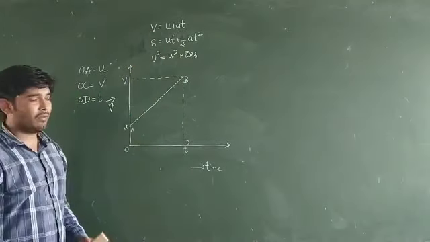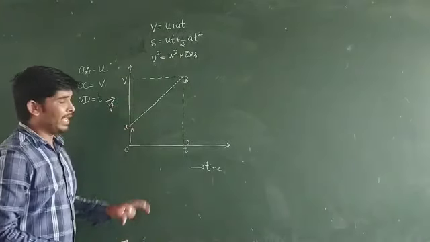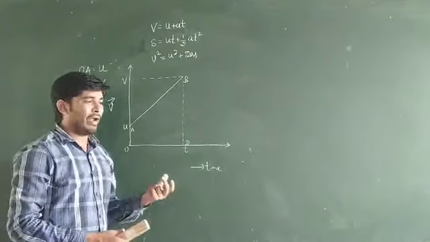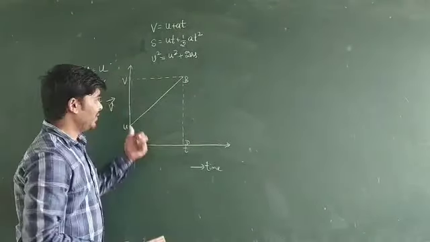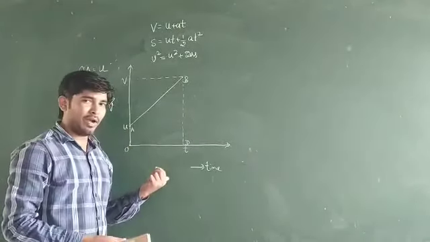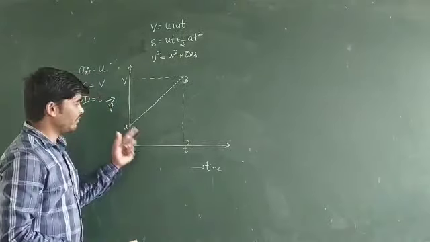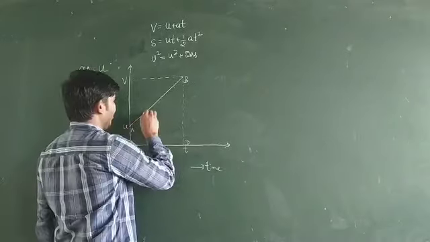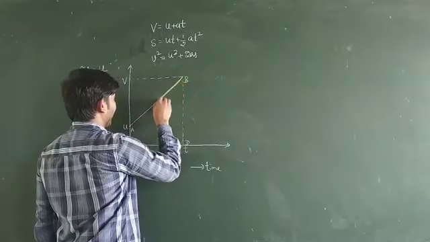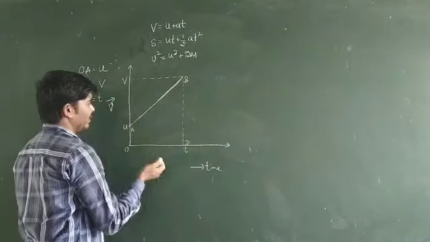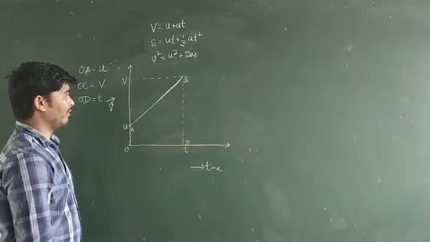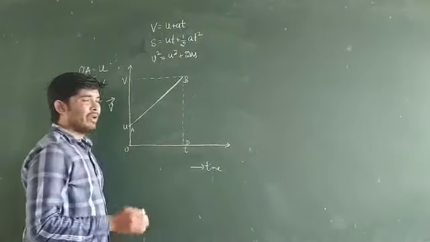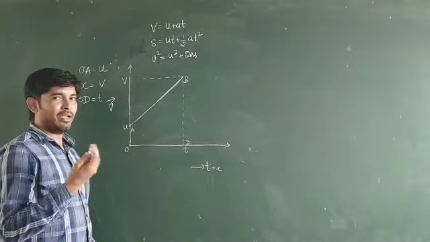See, what is v here? Final velocity. From this velocity time graph, we are going to find out the acceleration right now. How to find out the acceleration? By using this velocity time graph, that is by finding the slope of the straight line AB. To find out the slope, we need to form a triangle by taking any two points.